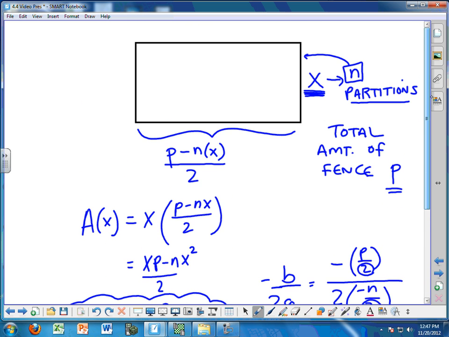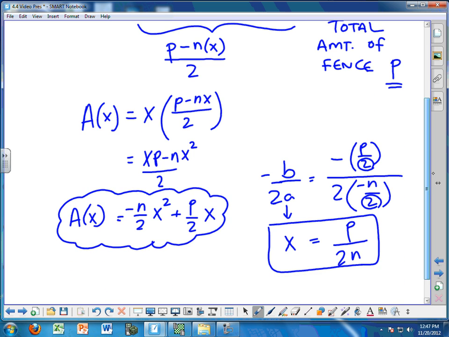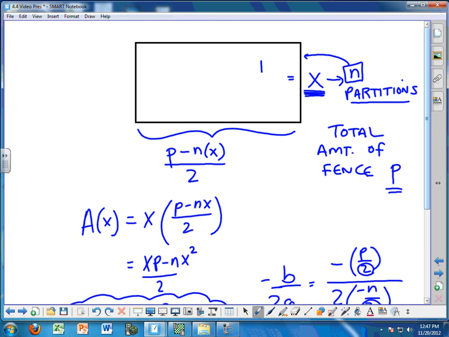Well, let's go back up here then. If x is going to equal p over 2n, then the number of partitions will make a difference in how much we have. So let's separate this just a bit. Let's just take the perimeter divided by 2, and once again this coincides with what Kaishu had said, which was take half of the perimeter and give it to the up and down partitions, and then multiply it by 1 over n.